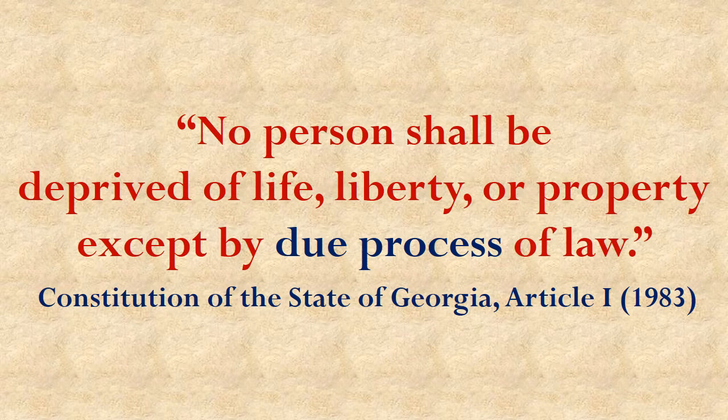This is almost word for word like the two due process clauses in the national Constitution. Remember that there's one in the Fifth Amendment applying to the national government and one in the 14th Amendment applying to the states. This is something we learned about in a previous couple of lessons in this course. Well, the state constitution also has its own Bill of Rights, functioning in basically the same way, saying that a state can't take these things away from you without going through proper legal procedures to do it.